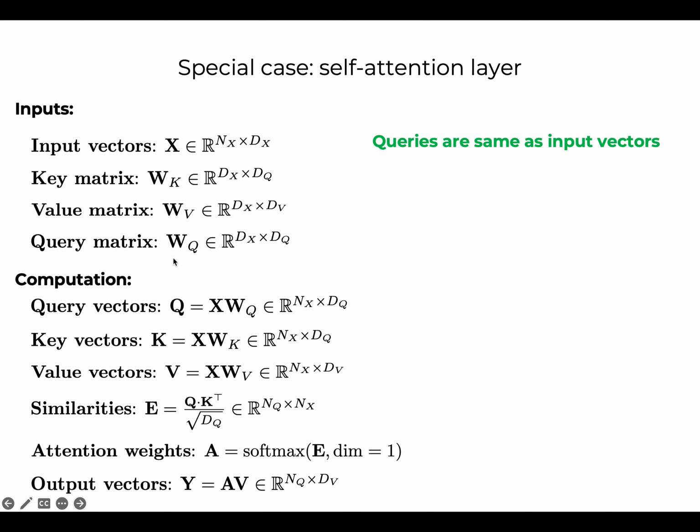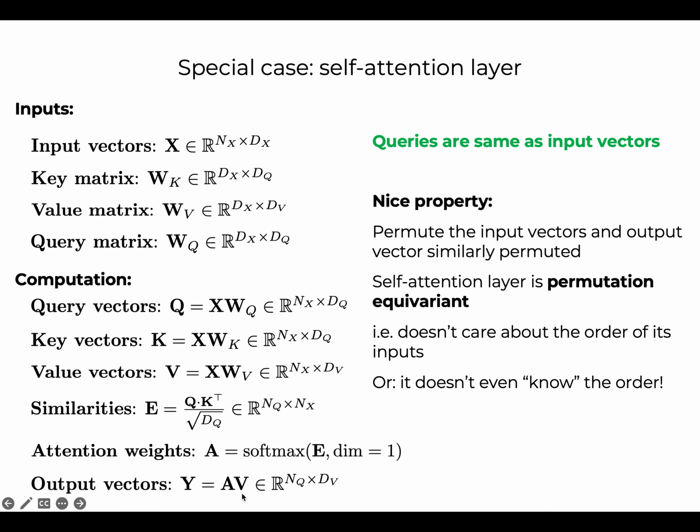But because of that, we introduce a new query matrix, which we use exactly the same as we did for the key and value. So in the computation, to get queries, keys, and values, we simply multiply x by those three different matrices, and then everything else is the same. So for similarities, we use the keys and the queries, and to compute the outputs, we use the attention weights and the values.